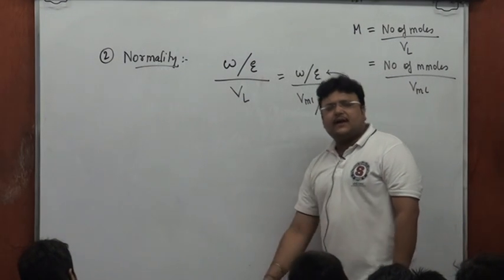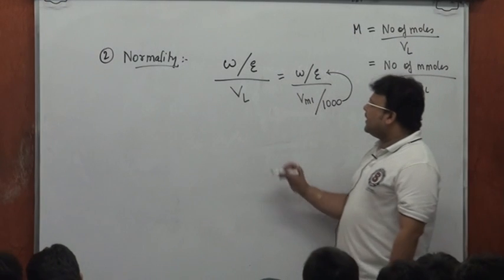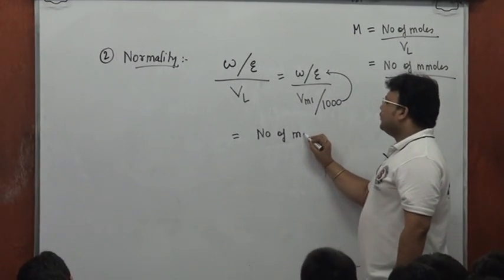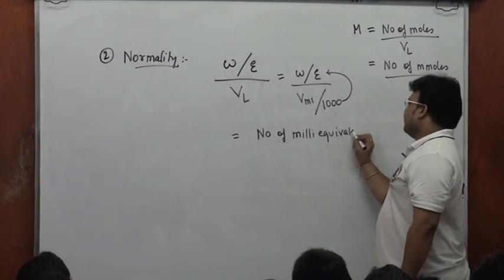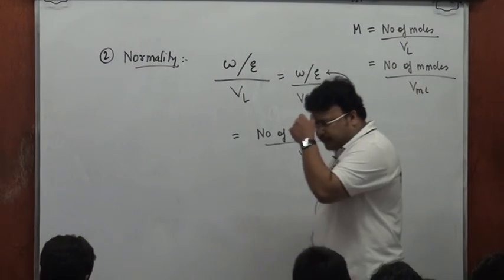You'll want to define normality as number of equivalents per liter, but you're going to apply normality as number of milli equivalents per ml.